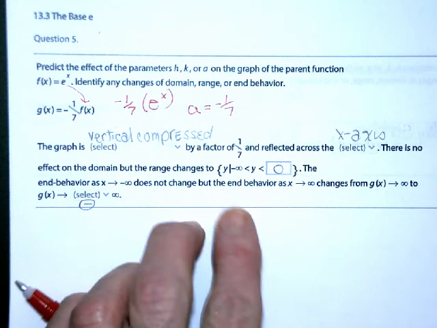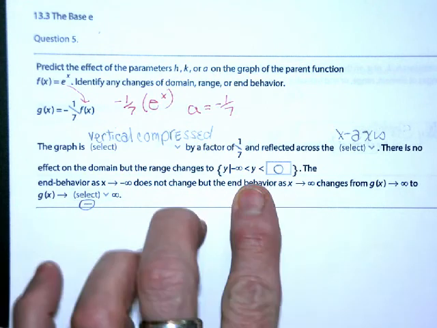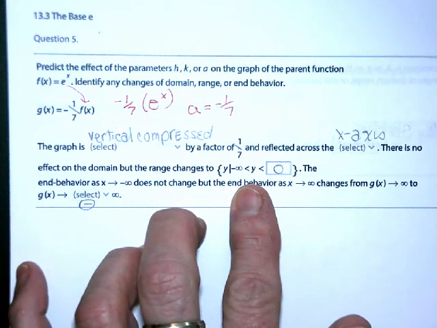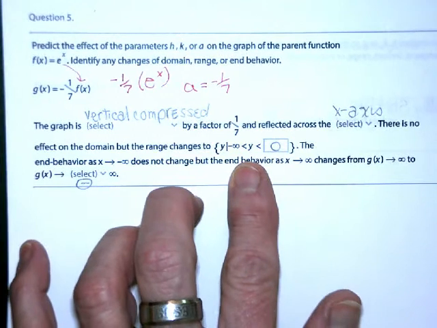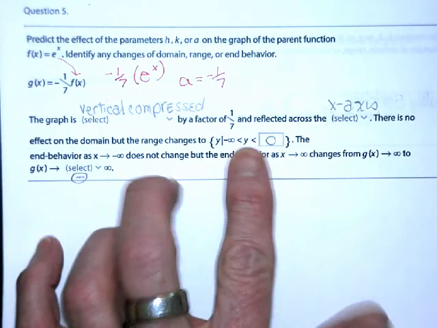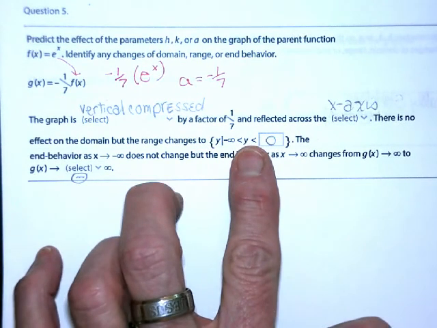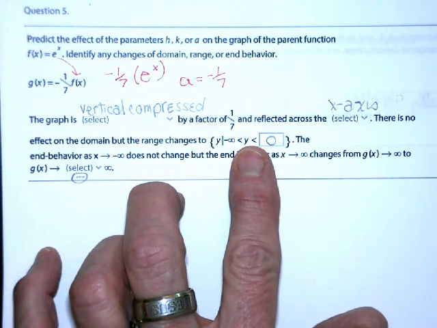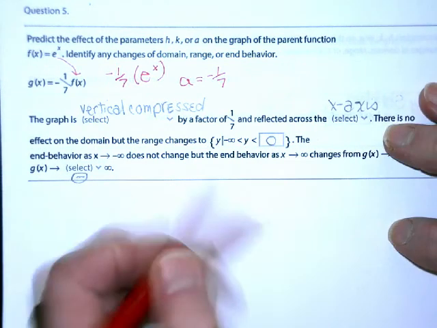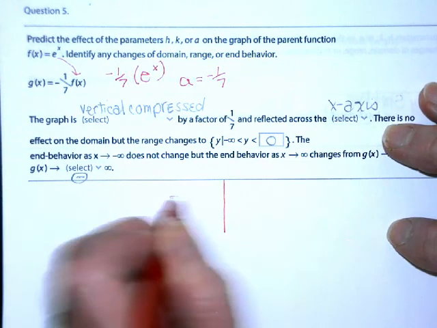In the last lesson, all we had to type in was y is less than 0. They went ahead and made it a set notation, with negative infinity is less than y, which is less than 0. So they just made it a little fancier here.